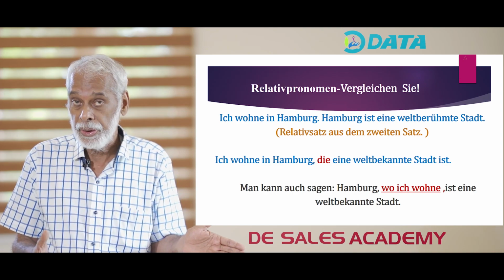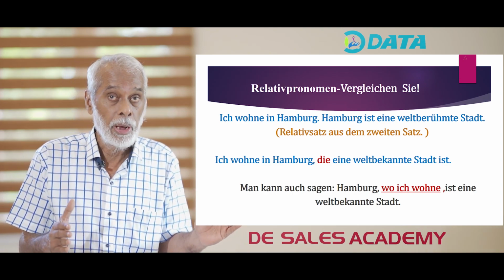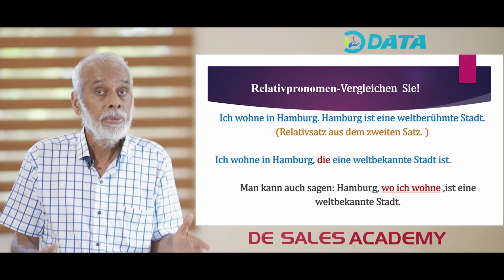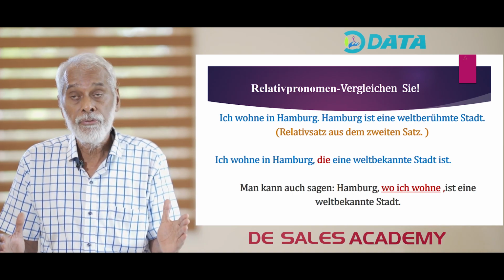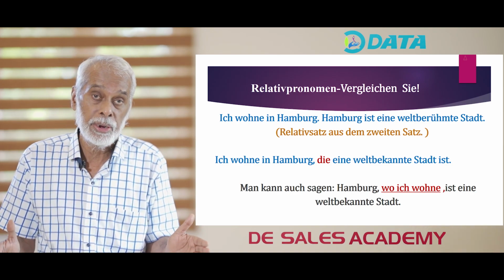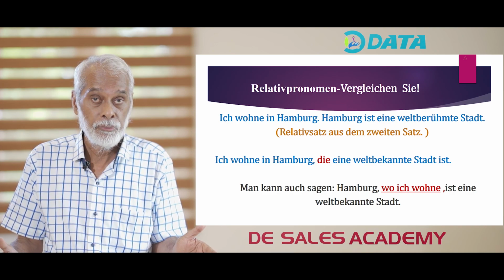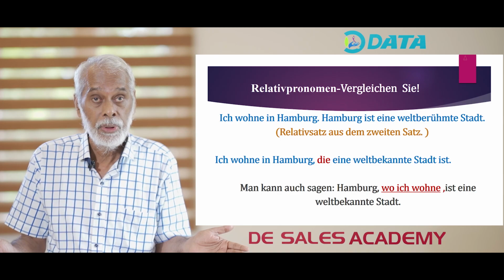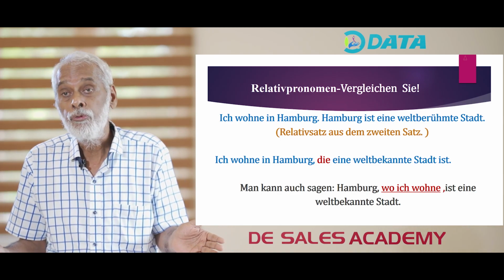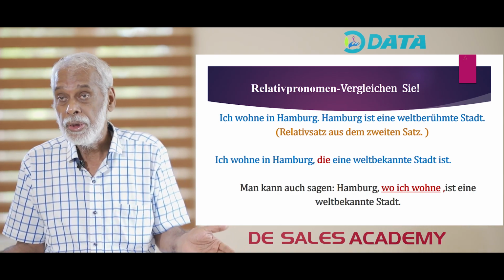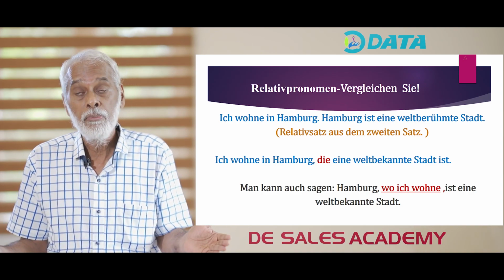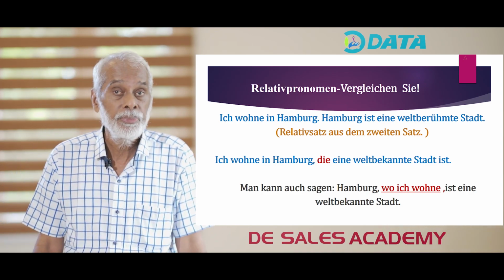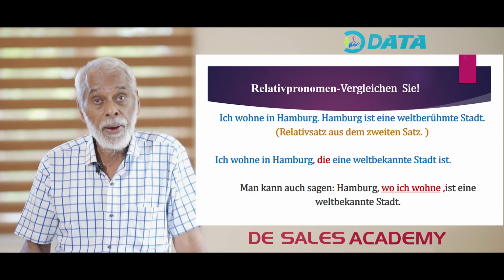So, we will get the sentence, Ich wohne in Hamburg, die eine weltbekannte Stadt ist. Man kann auch sagen, Hamburg, wo ich wohne, ist eine weltbekannte Stadt. Now look what has happened here.